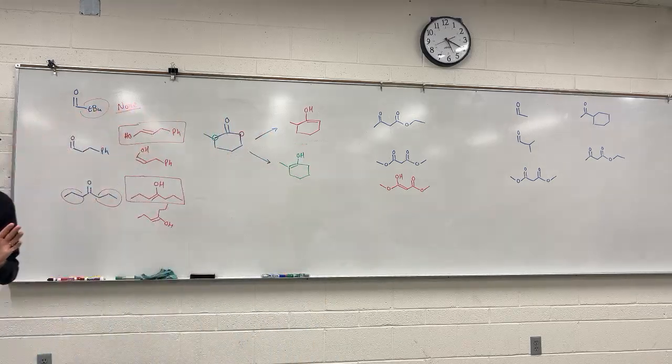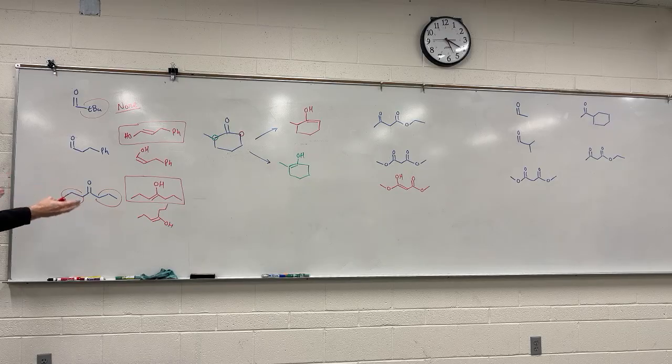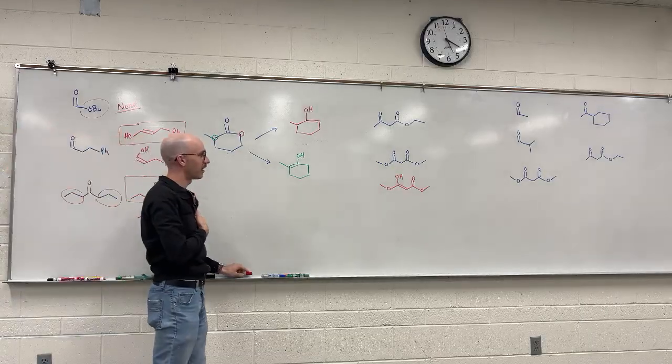So definitely different chemistry, but that enol is distinct from the enols of our aldehydes and ketones. That enol also has an OR group attached to it. All right, then on to the last one up above.